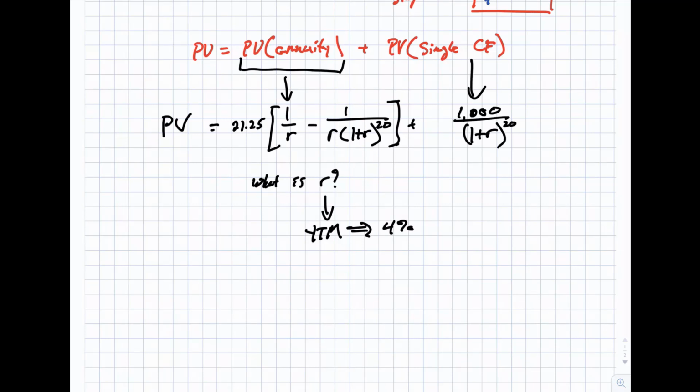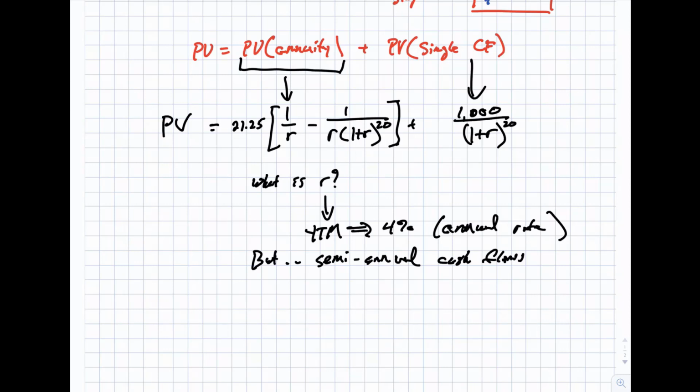Okay. So with a 4% yield to maturity, what do we do? Do we just take 4% and plug it in for R in the above formula? Well, not exactly, because what we need to remember is this yield to maturity is an annual rate, but we have semi-annual cash flows.